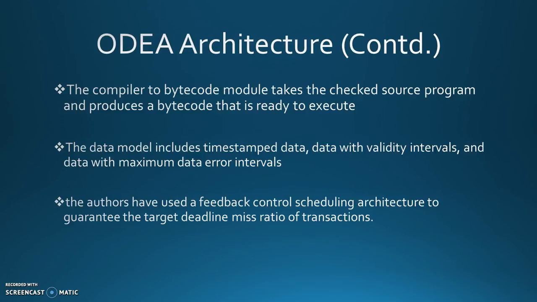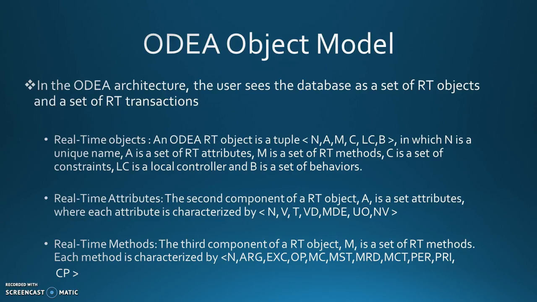Going to the next slides, the compiler to bytecode module takes the checked source program and produces bytecode that is ready to execute. The data model includes timestamp data, data with validity intervals, and data with maximum data error interval. And the authors have used a feedback control scheduling architecture to guarantee the target deadline miss ratio of transactions.